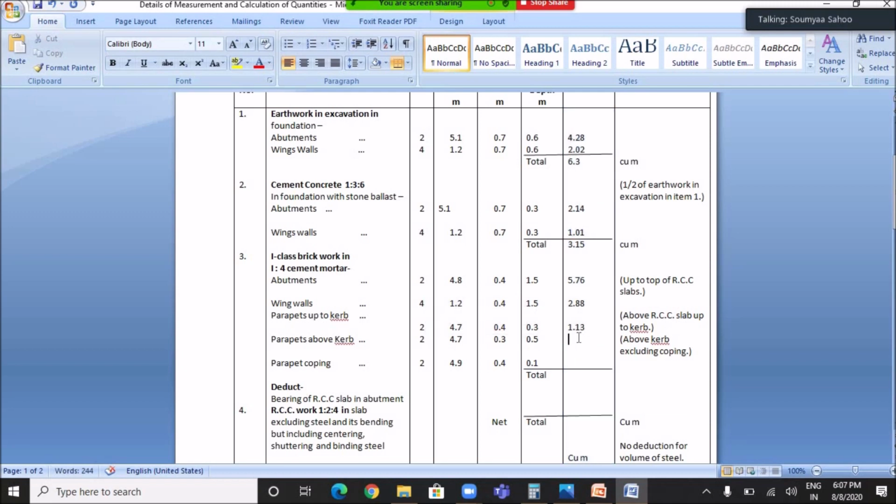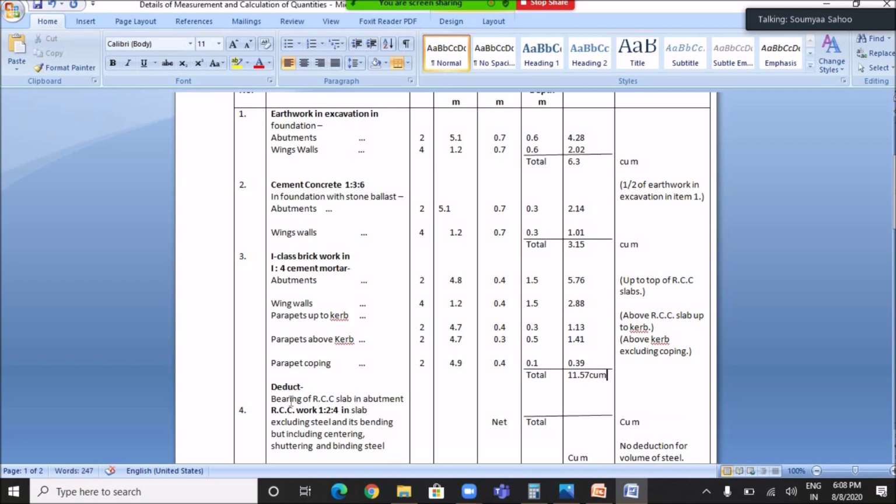And this is 1.41 cubic meter. This is 0.39 cubic meter, and the sum of 5.76 plus 2.88, 1.13, 1.41 and 0.39 is 11.57 cubic meter.